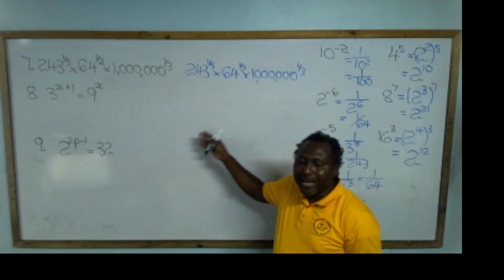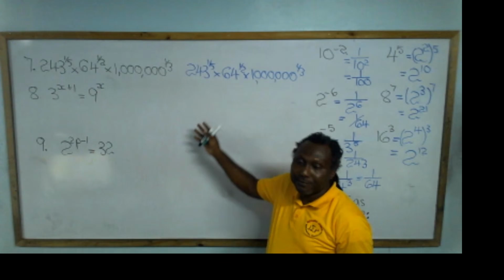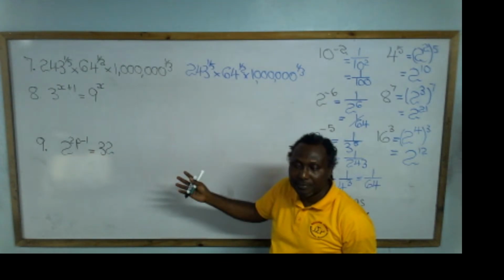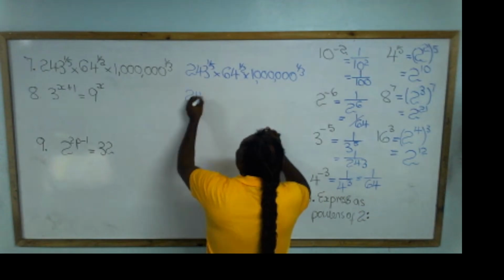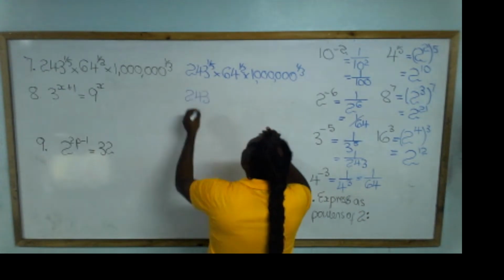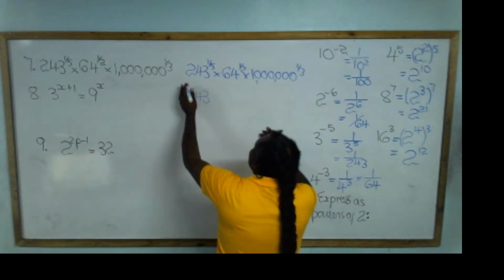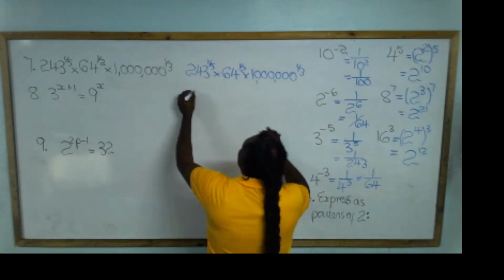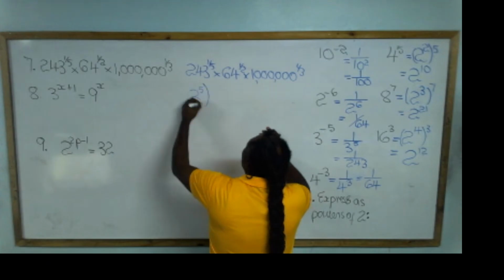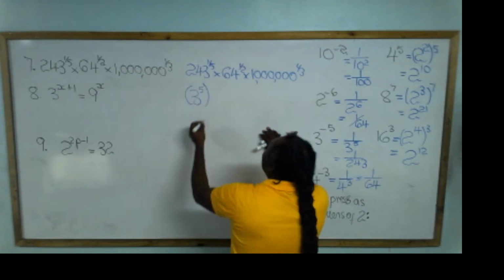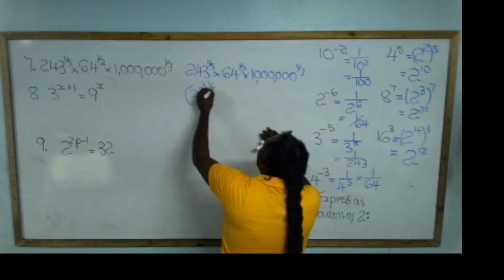Additionally, we have other information that we can make use of. For example, it is in your table, and we have mentioned it quite a few times this evening, that 243 is actually 3 raised to the power of 5. So 243 is 3 to the power of 5, and that is raised to the power of 1/5.